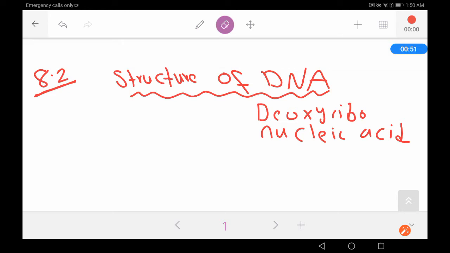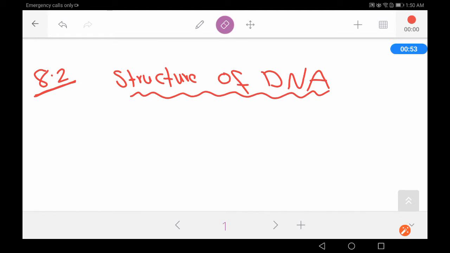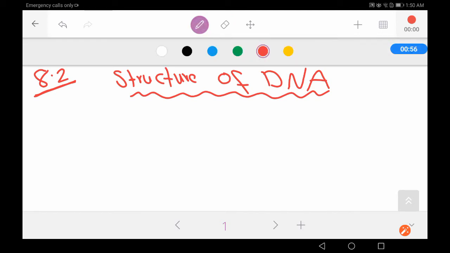Okay, if we come to the structure of DNA, we know that DNA is a polymer. Okay, polymer. It means it's made up of very small units, which we call monomers.